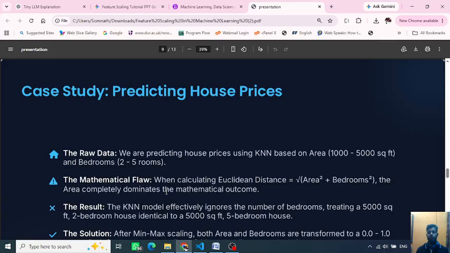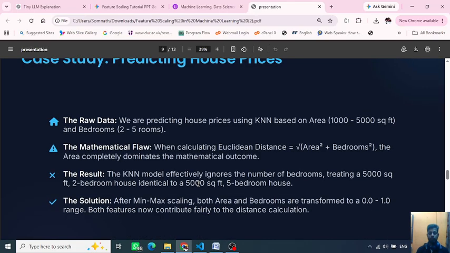The problem is that when calculating Euclidean distance, the area squared completely dominates, as I already showed you. As a result, the KNN model effectively ignores the number of bedrooms, treating the 5,000 square foot 2-bedroom house the same as the 5,000 square foot 5-bedroom house.